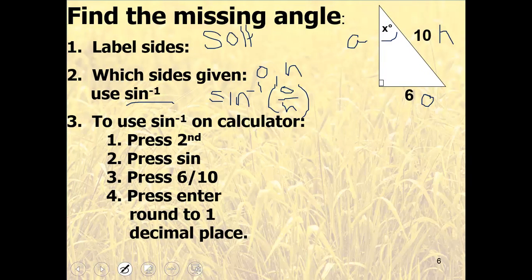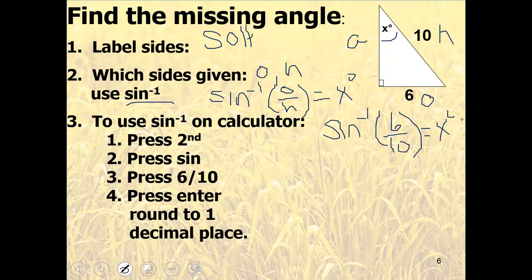So here we are back on slide 6. I'm using inverse sine because they give me information about the opposite and the hypotenuse, all right? And then that's going to give me x degrees, or the measure of my angle, right? So for this problem, we have inverse sine of 6/10 is equal to x degrees.